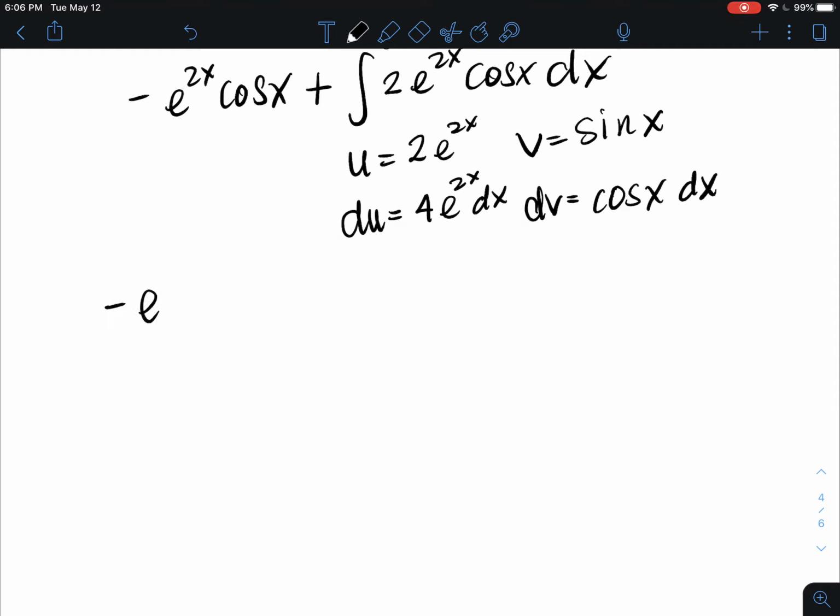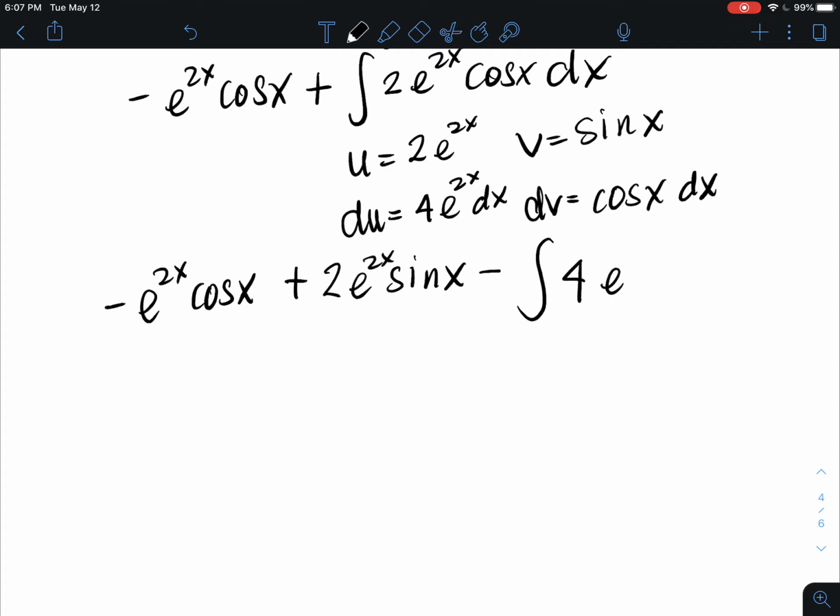So negative e to the 2x cosine x plus 2 e to the 2x sine x minus the integral of 4 e to the 2x sine x dx.